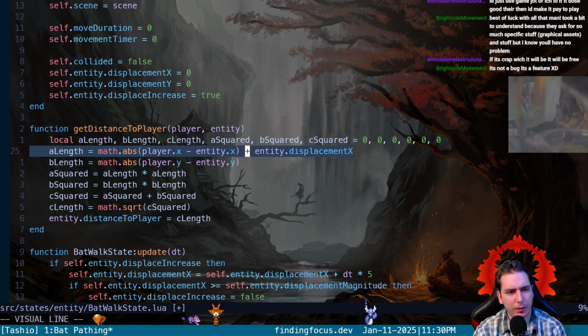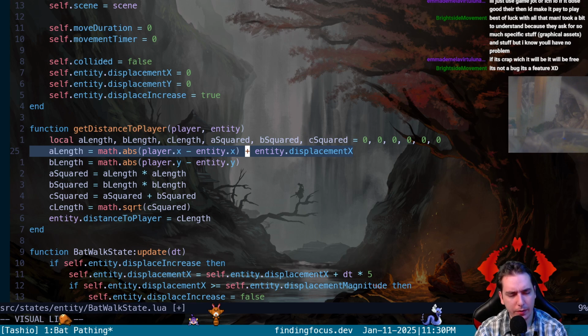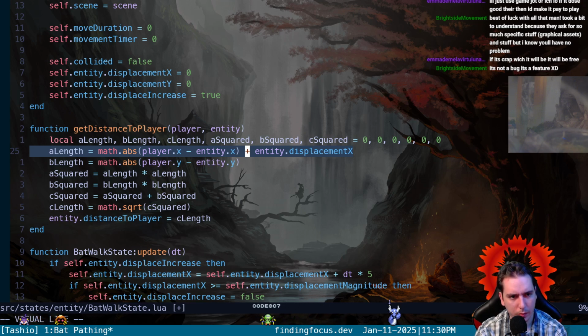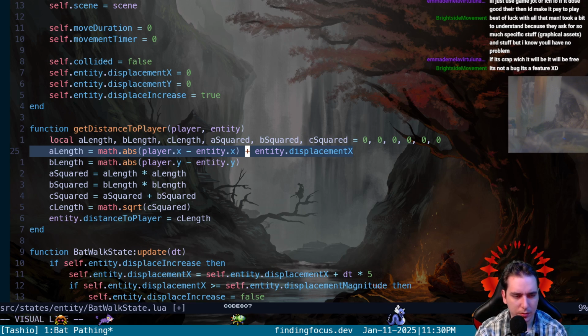This should be right, though, because we're taking the absolute value of the difference of our player to our entity, but then for the length, we have to also account for this displacement. If it's positive, then the length is further, so we'd add it. And if it's negative, we add the negative, which shrinks our A length.